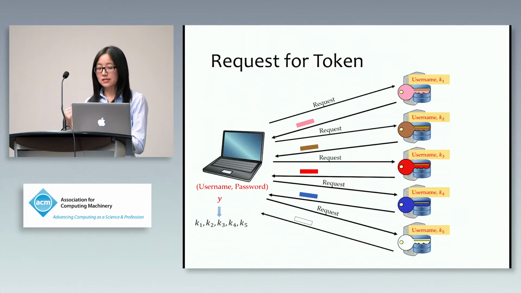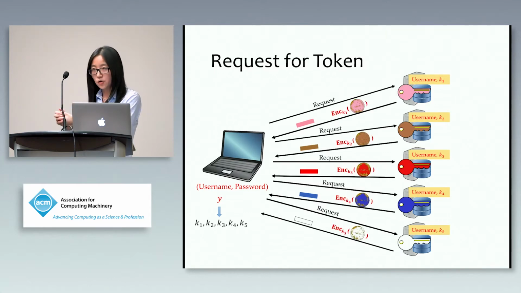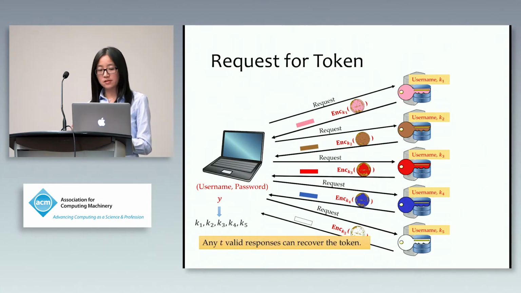In addition, in the second round, every server will use their secret key share of the NITTG scheme to generate a partial token encrypted under the corresponding secret key. So if you have T valid responses, then the client can use the derived secret keys to decrypt these ciphertexts and get the partial tokens, and then finally recover a real token.